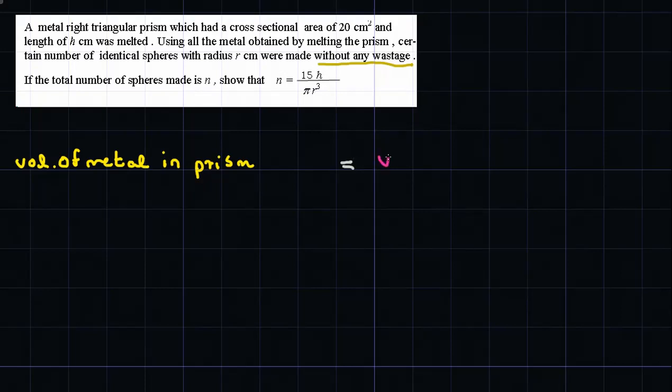So volume of metal used to make spheres. Since there's no wastage, I can write this. The entire prism's metal is getting used to make the spheres. So volume of metal used to make spheres.